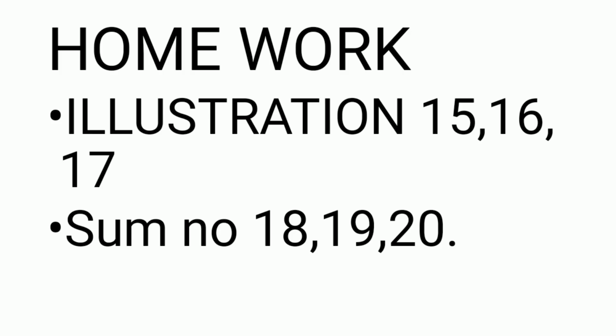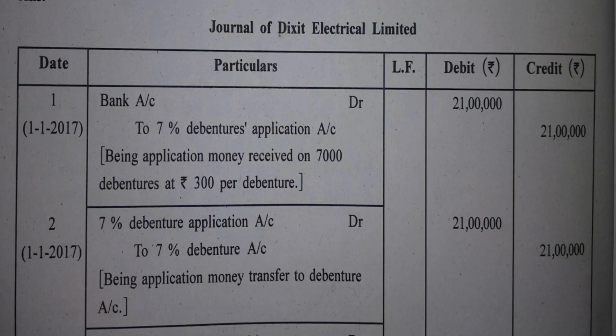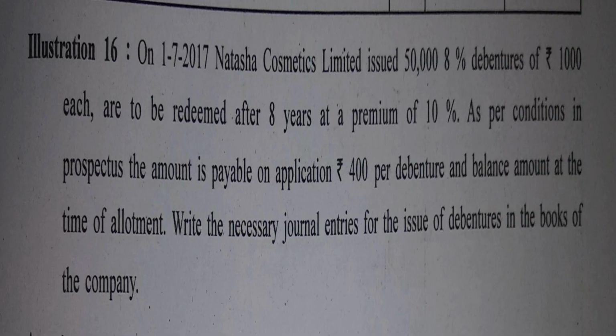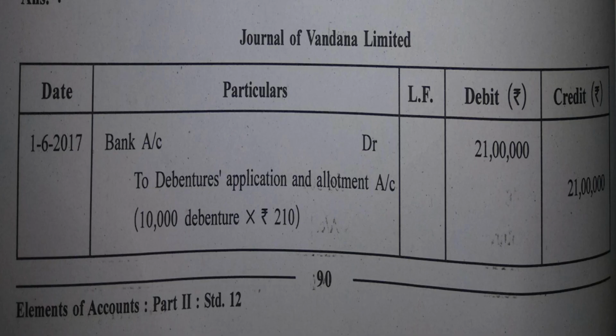The homework for today is, of course, the illustrations that we have solved and the sums of similar kind from the exercise, sum numbers 18, 19 and 20. Whatever illustrations we have done today are of different situations for issue and redemption of debentures.